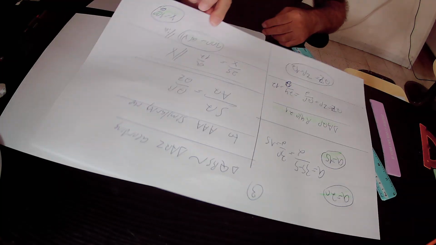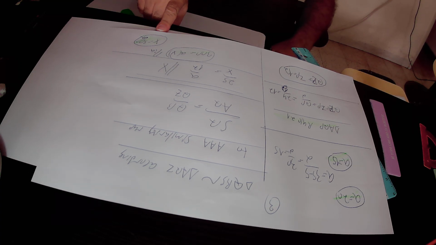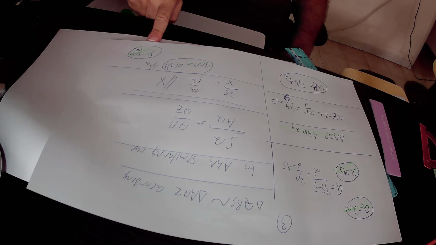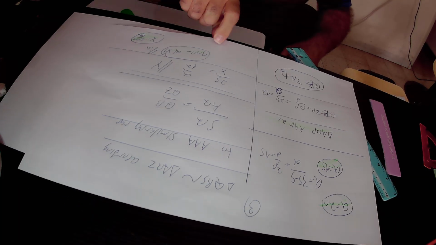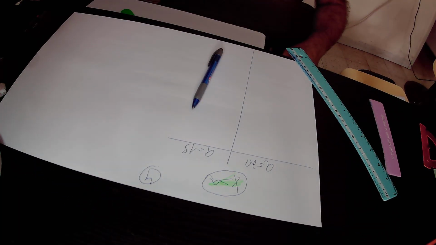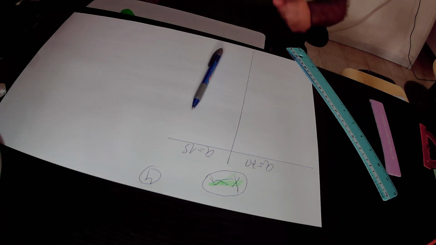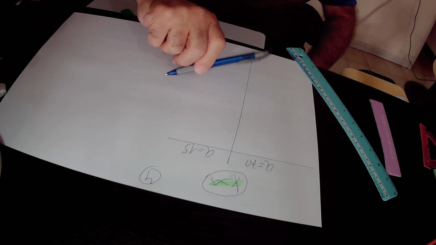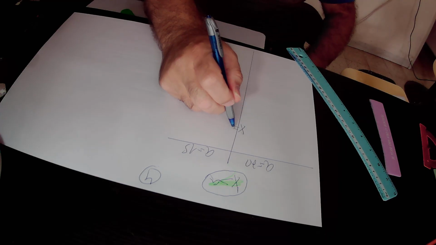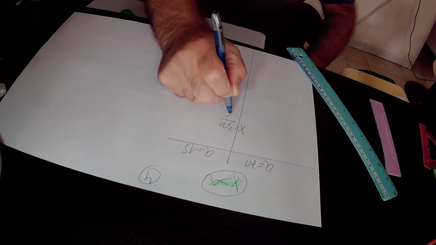Now we found out that x equals 300 over a. So it is done. Now we found out that x equals 300 over a.